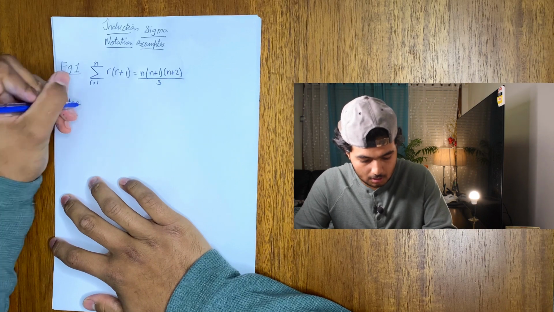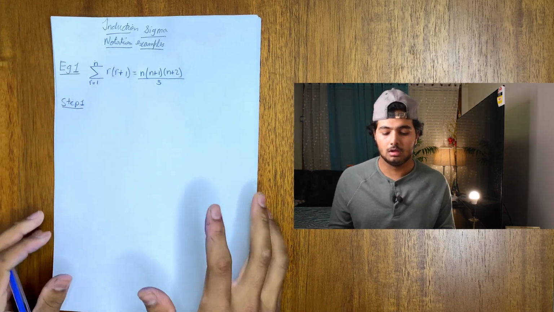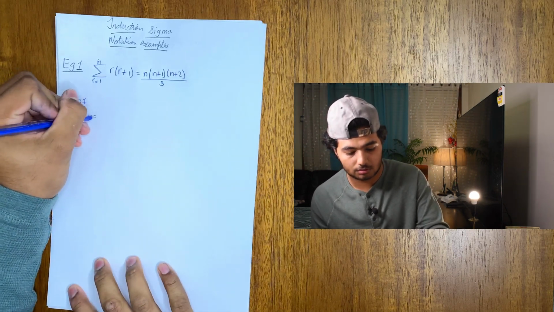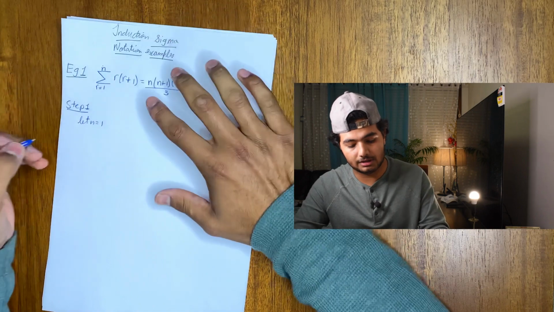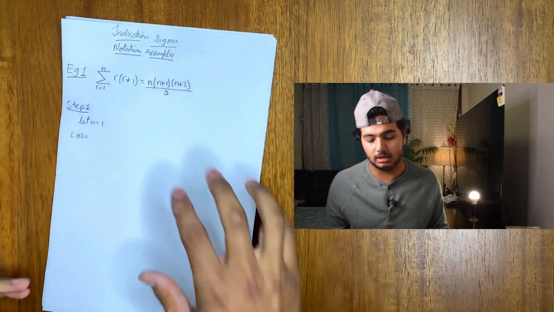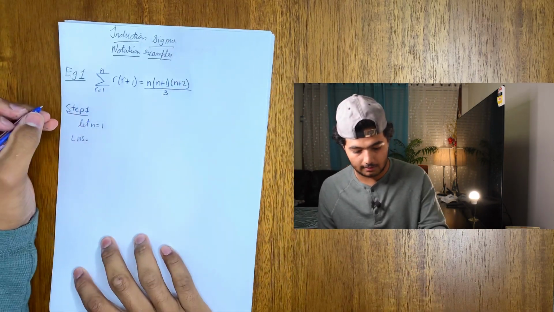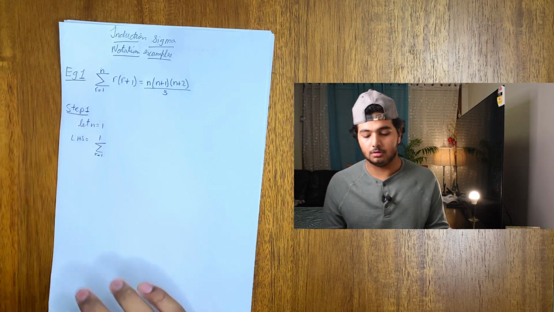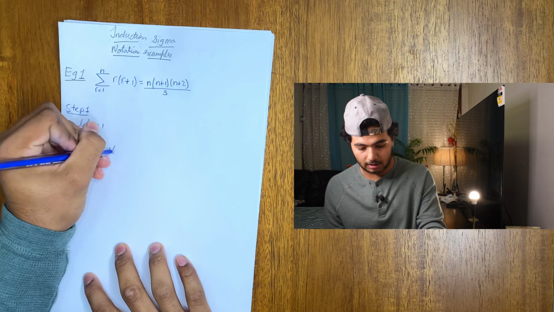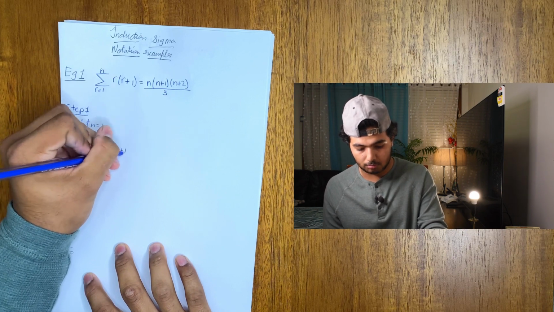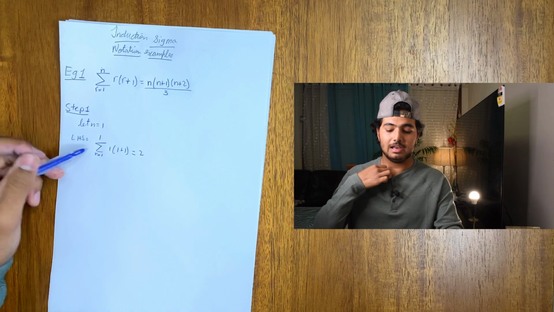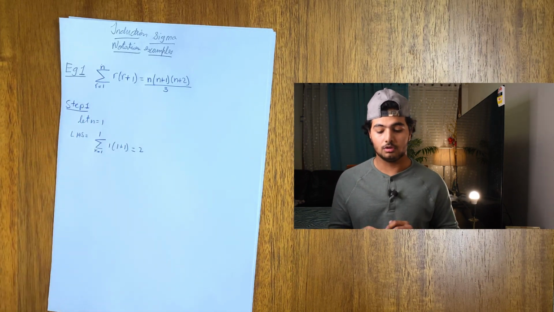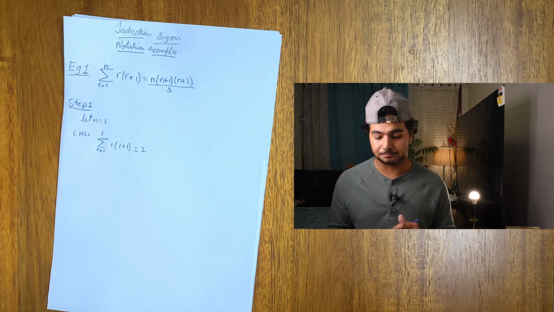Step 1. We'll let n equal to 1. So LHS, in this case, it's going to be sigma, r equals to 1 to 1, r brackets r plus 1, which is 1 brackets 1 plus 1, which equals 2. So if LHS equals 2, RHS needs to also equal 2 for this to be true for n equals to 1.